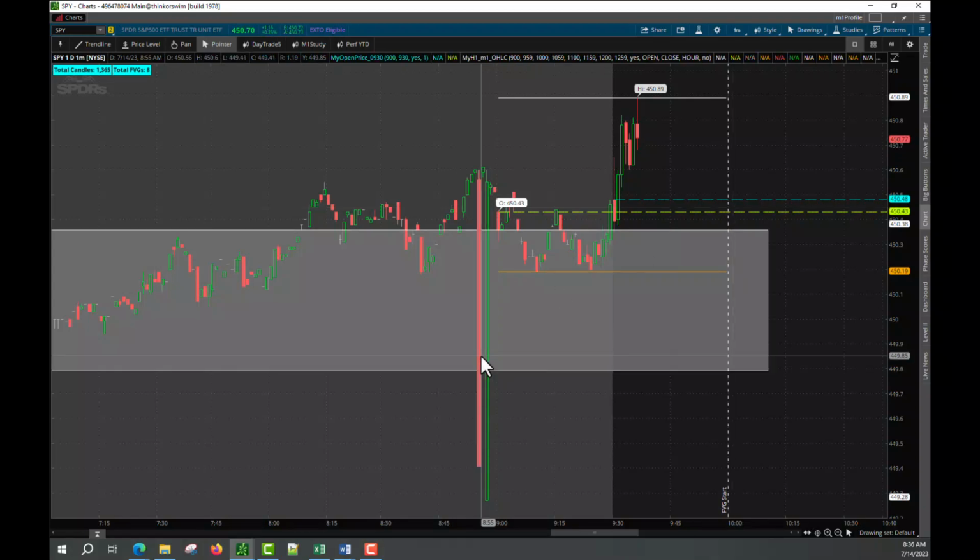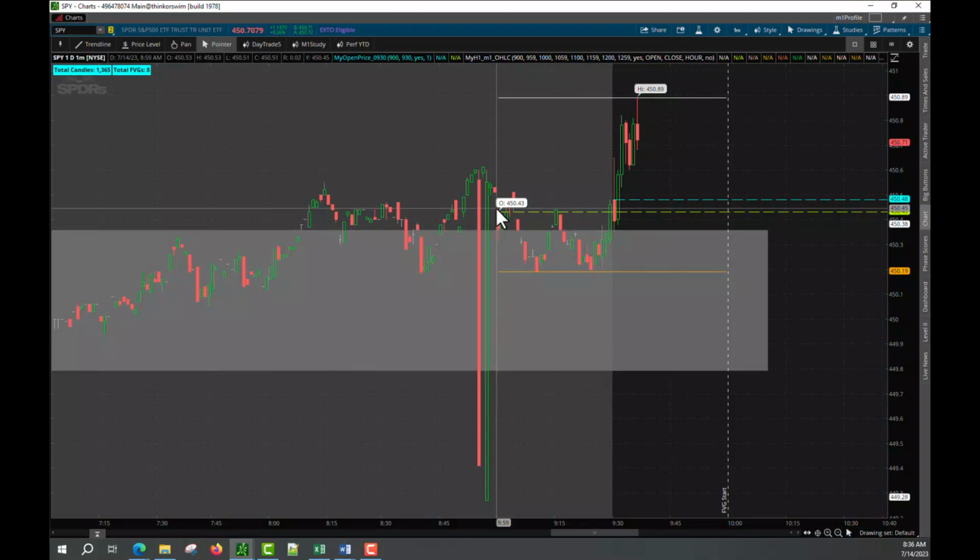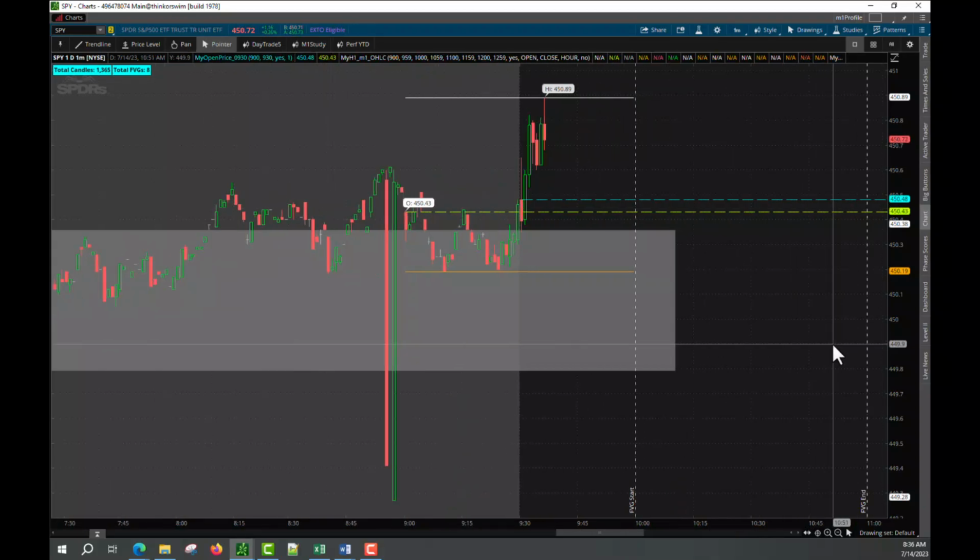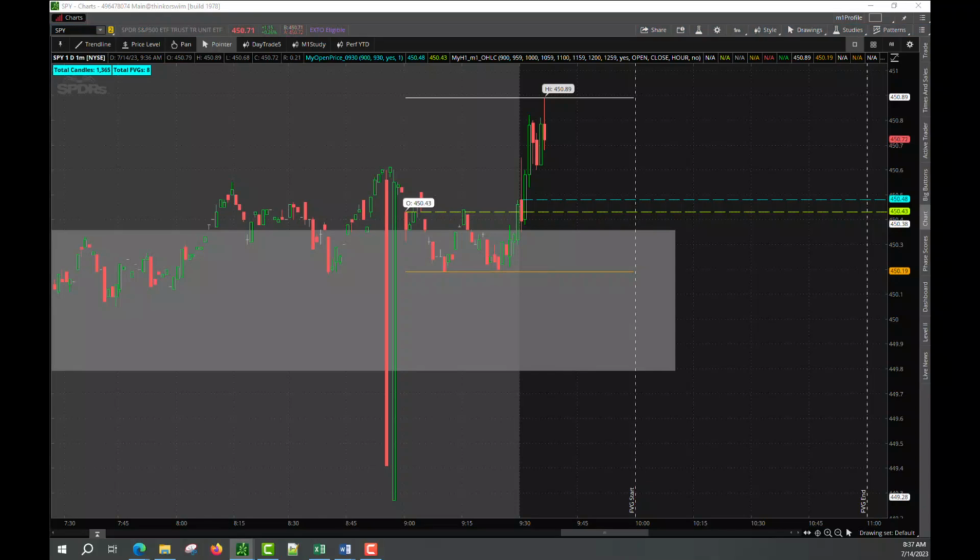If this is an order block, it needs to go up. You make another new high right here.